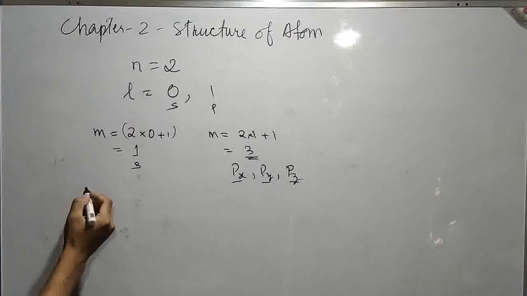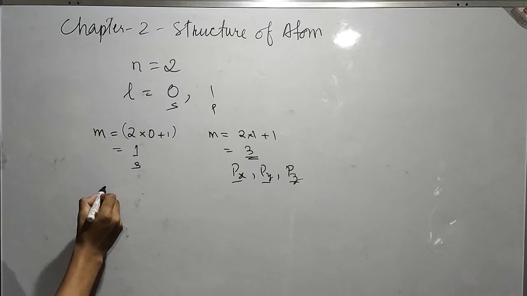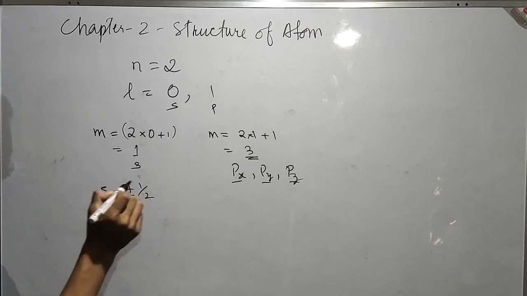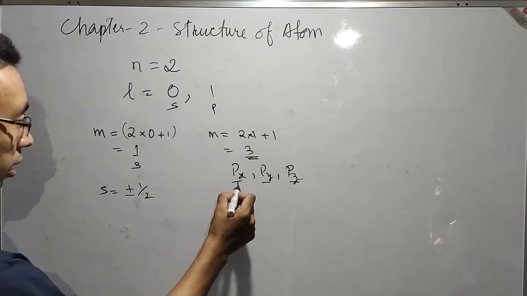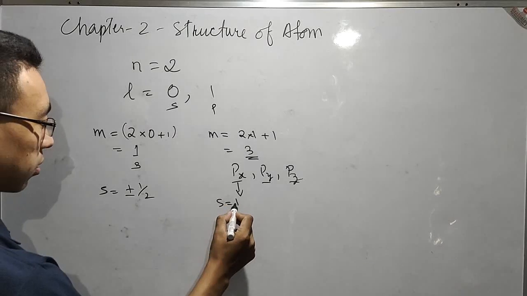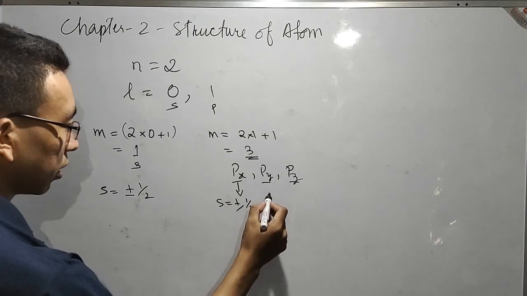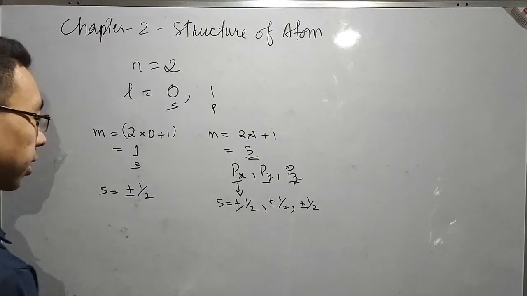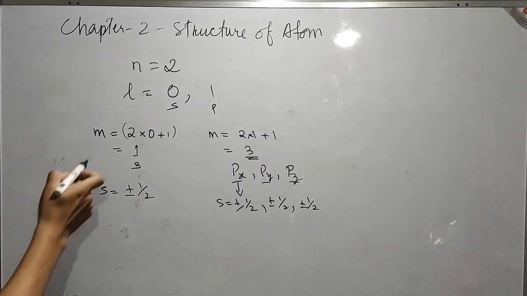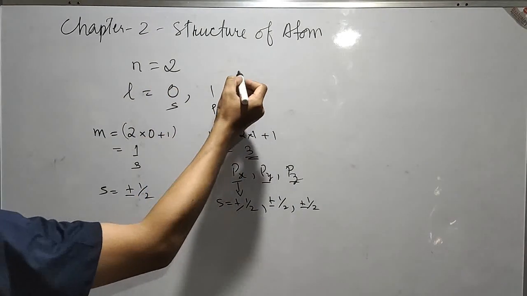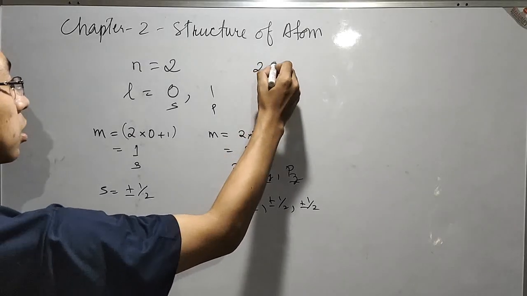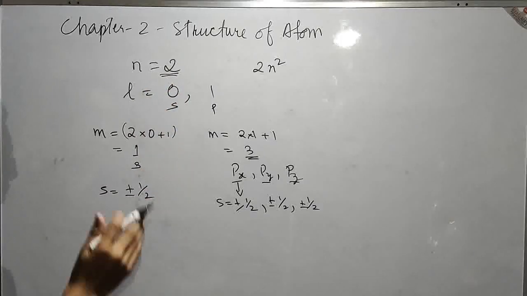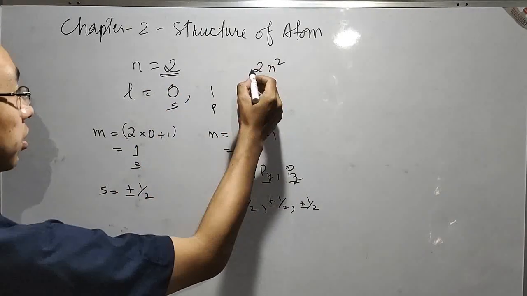Then the spin quantum number. In each orbital there are a maximum of 2 electrons that can be accommodated. In this orbital, s equals plus or minus half. For this also plus or minus half, and for this also. Now, from the formula we know that to calculate the total number of electrons in the main energy level or shell, we use 2n square.